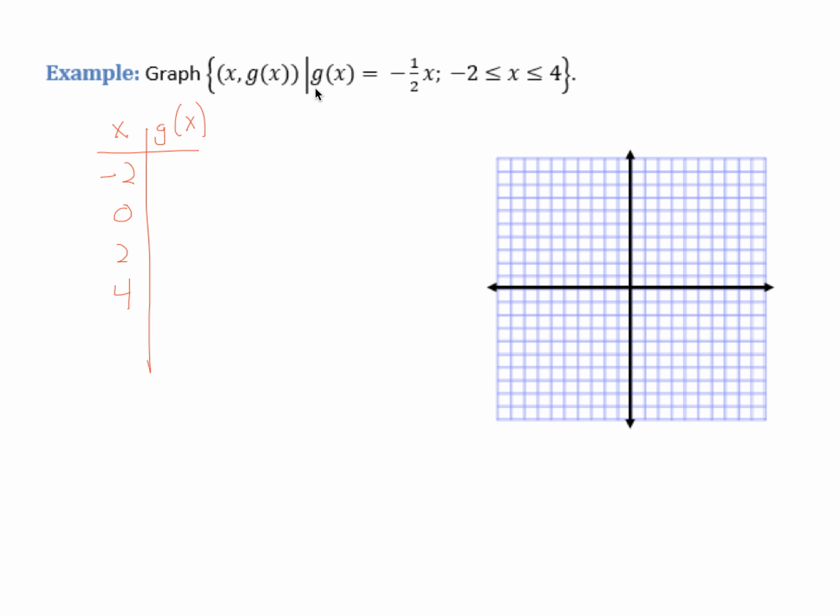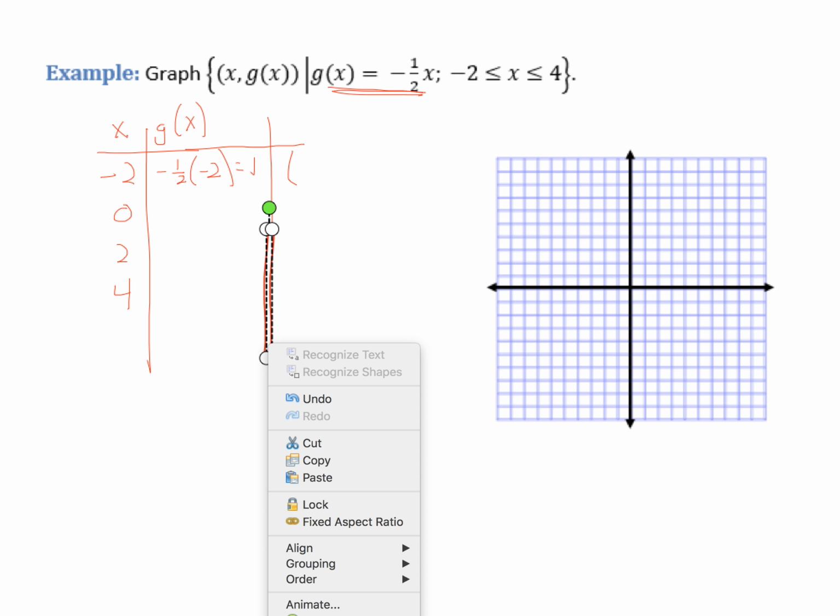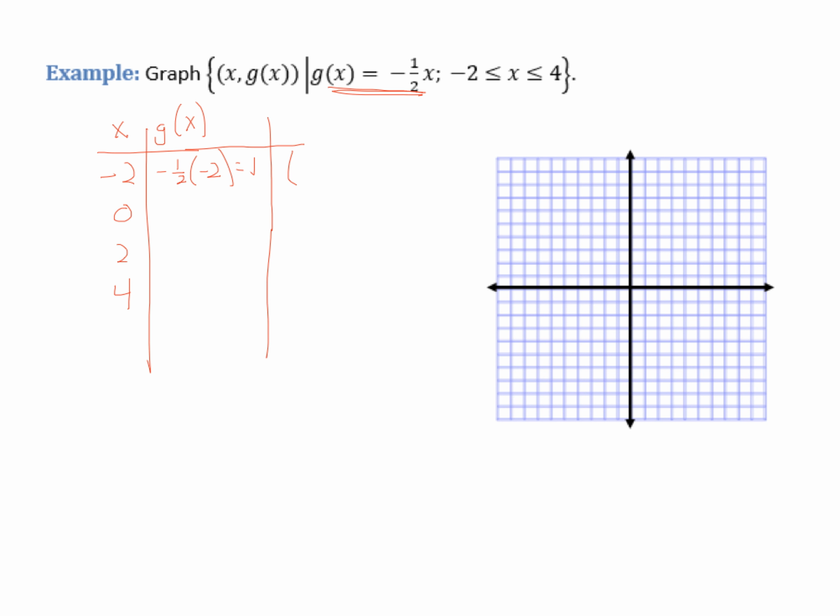And what I do with these is I plug them into this. So if I put negative 2 in for x, I have negative 1/2 times negative 2, which is 1. And so I have the ordered pair negative 2, 1. Putting in 0, negative 1/2 times 0 gives me 0.